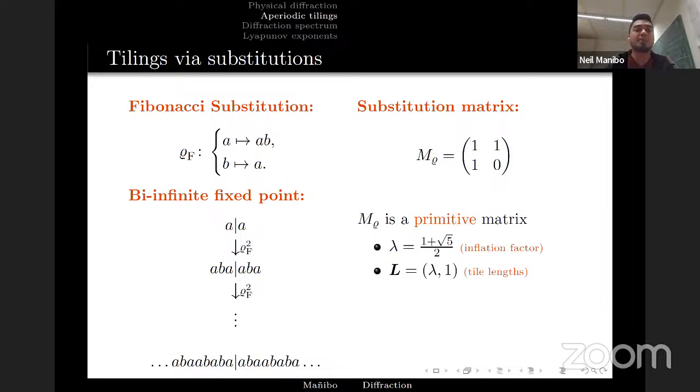So we begin with something which is familiar to people working on symbolic dynamics, namely the Fibonacci substitution. So by the way, a substitution is nothing but a rule that sends a letter into a word of finite length over a finite alphabet. So in this case, our alphabet is going to be composed of 2 letters, A and B. And the Fibonacci substitution sends A to AB, and it sends B to A.